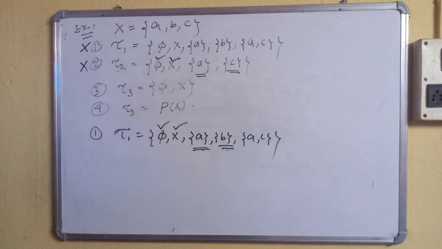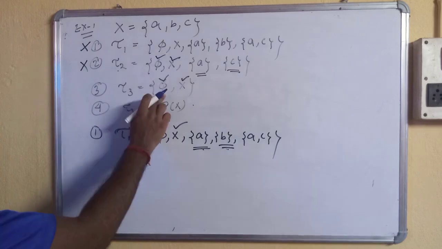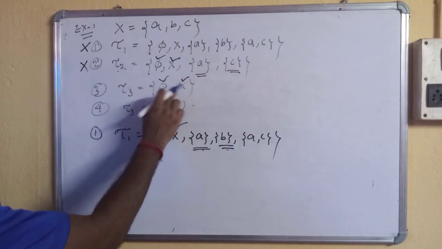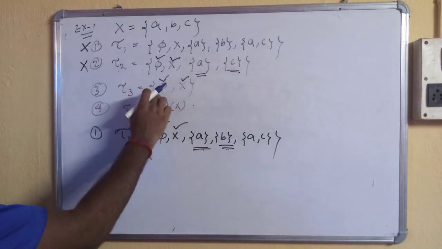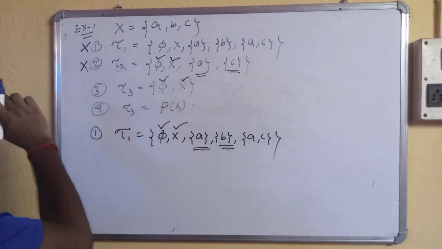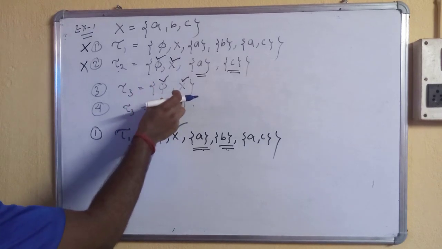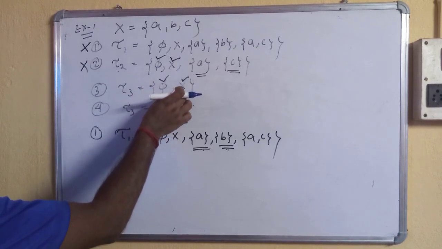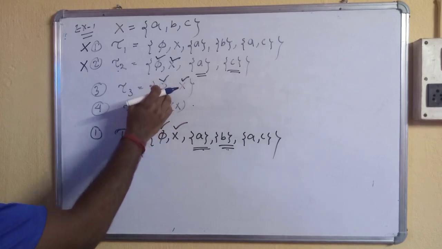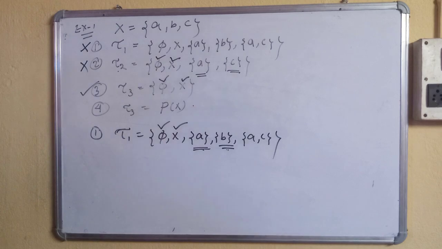Number 3, here phi and X are in tau 3. If we take their union, phi union X is X, which is again in tau 3. So number 2 holds. And for number 3, if we take their intersection, it is phi, and phi is again in tau 3. So it is a topology.